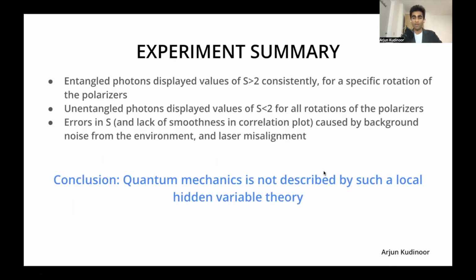Okay, this is pretty big. This says that EPR, at least the version of the local hidden variable theory that we hypothesized, is incorrect. So quantum mechanics is a non-local theory of nature. It's not one that violates special relativity, as we'll see with an application of it.